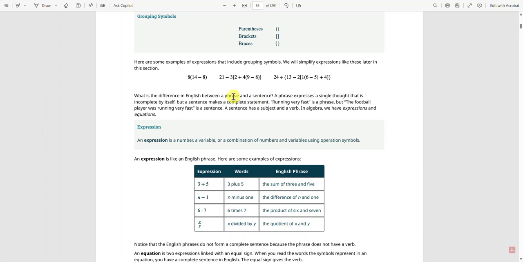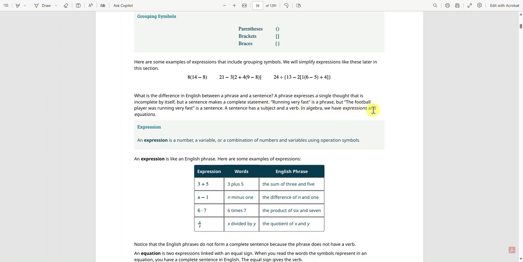A phrase is a part of a sentence. A sentence has a subject and a verb. A subject is what we are talking about, and the verb expresses some action or state of being for the subject. In algebra, we have expressions and equations.